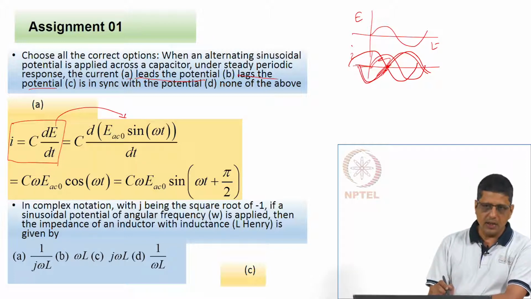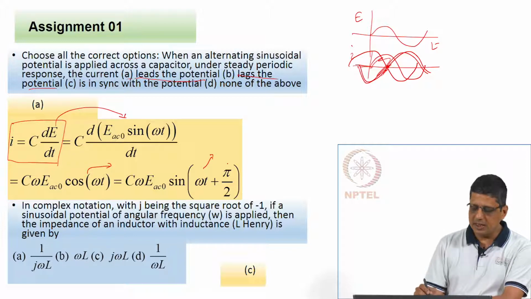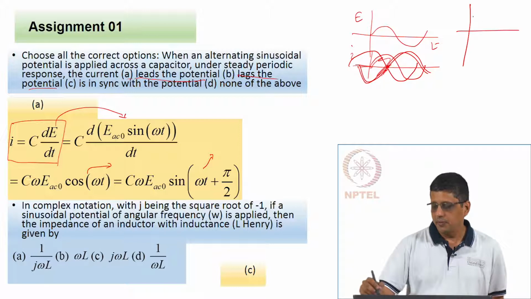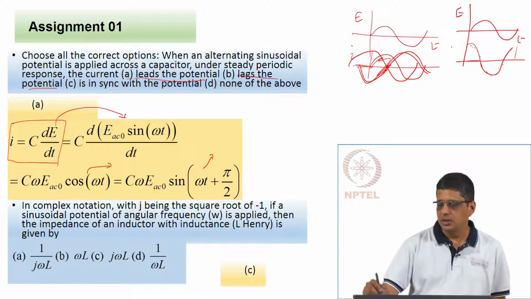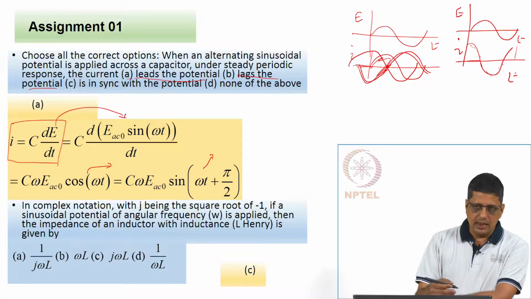When we take the derivative, we will get omega E_0 cos omega t, and when it is cosine, we can write that as sin of omega t plus pi by 2, which means if this is potential, we are going to see a curve which leads the potential by pi by 2 radians or 90 degrees.